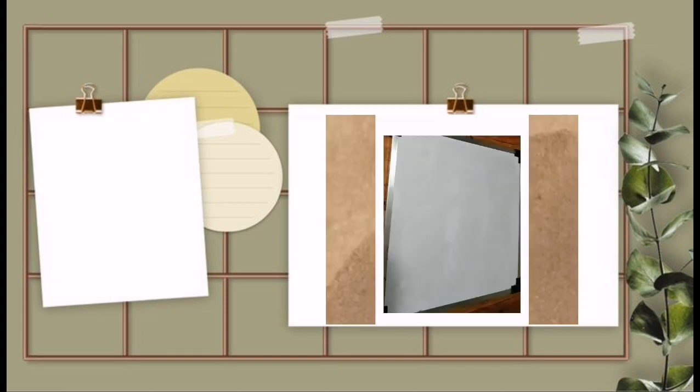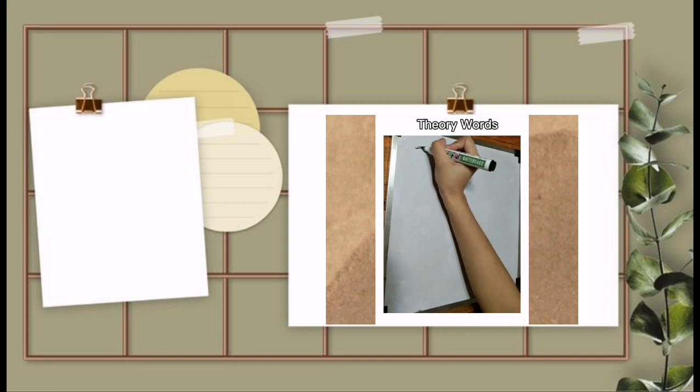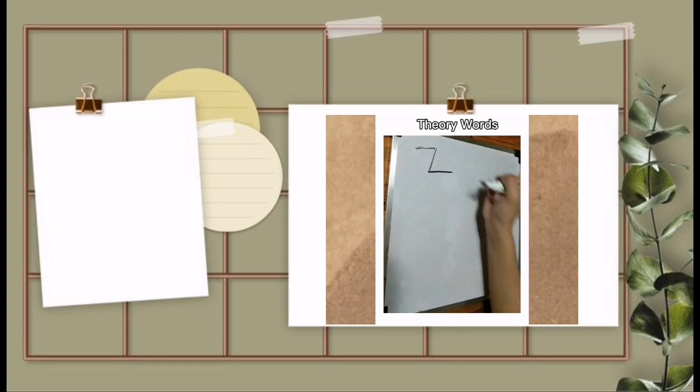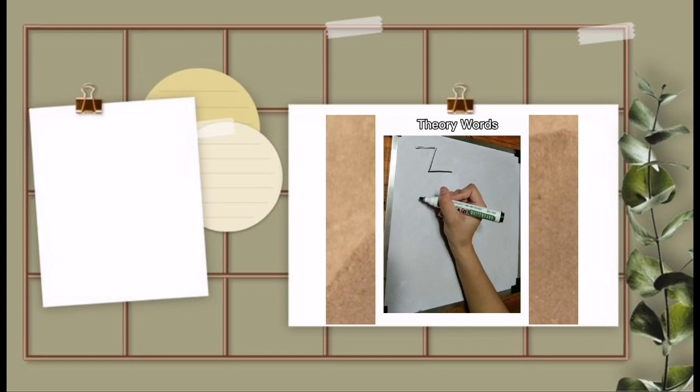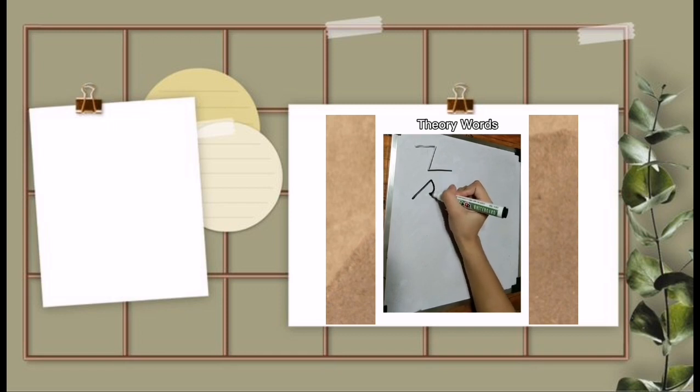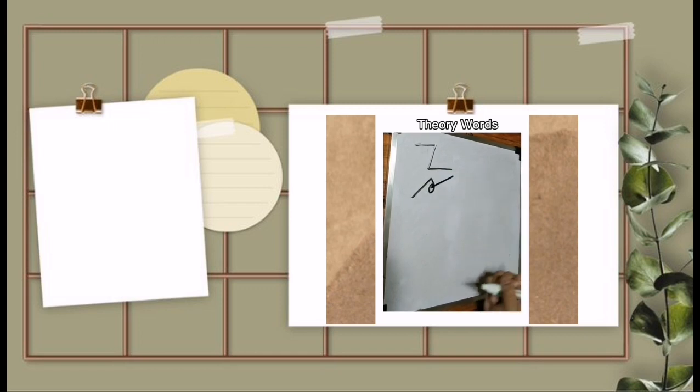We have here 12 sets of theory words. First is management. Next is decided. Next is Camden. Next is customers.